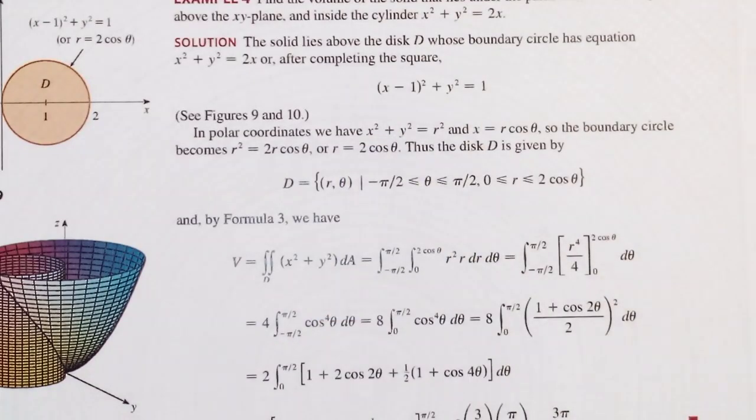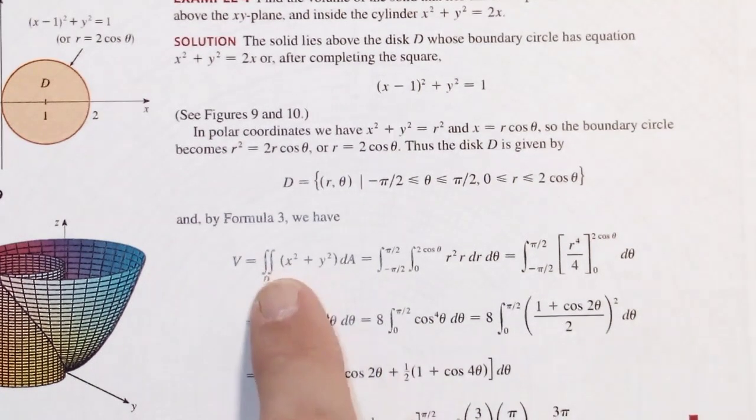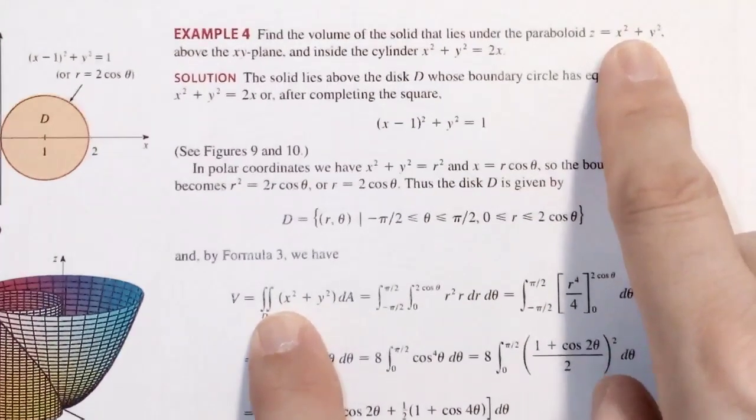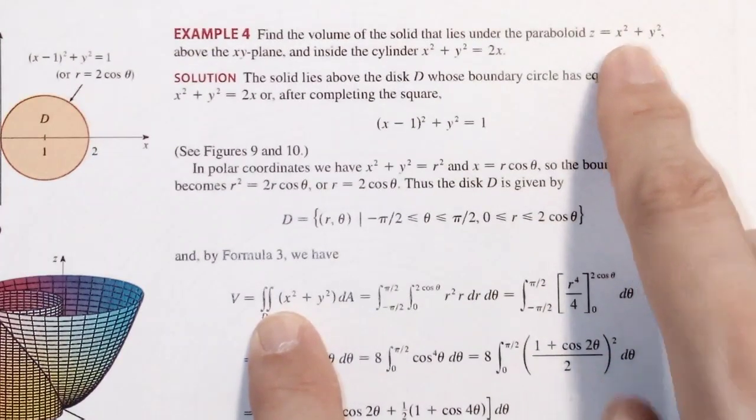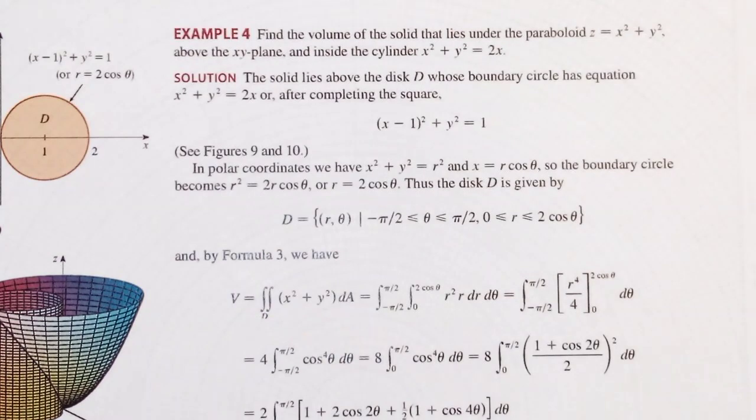And that makes this integral much easier to do in polar coordinates than it would be in Cartesian coordinates. And the height is given by the height of the parabola. The paraboloid is x squared plus y squared. So this turns into a much easier integral.